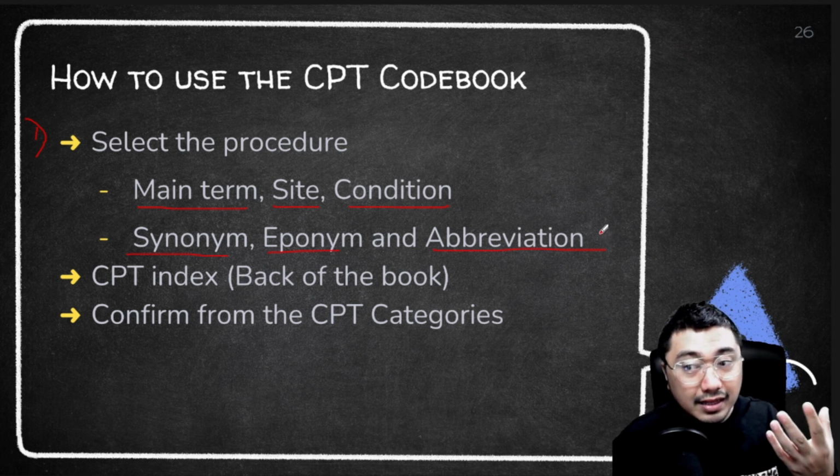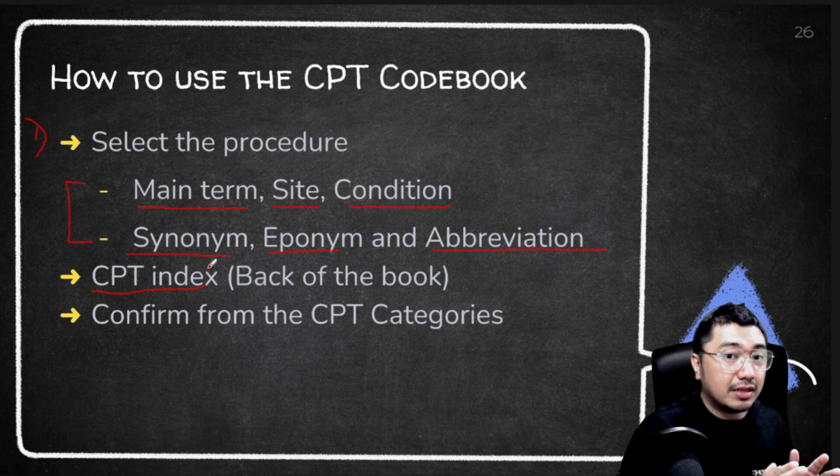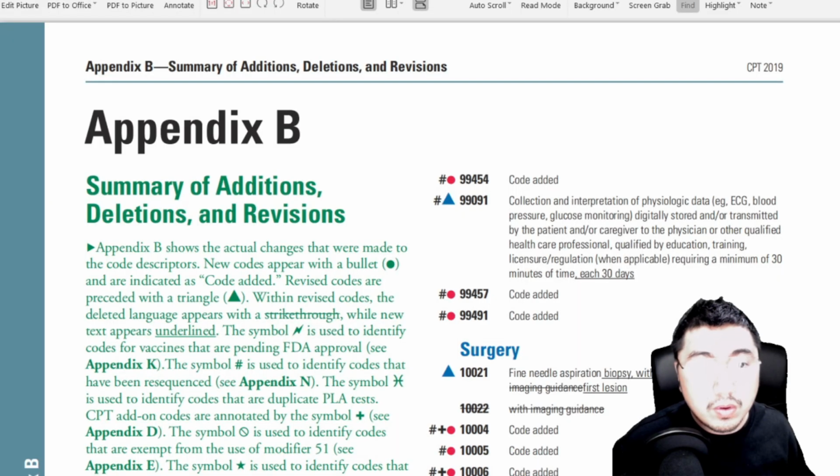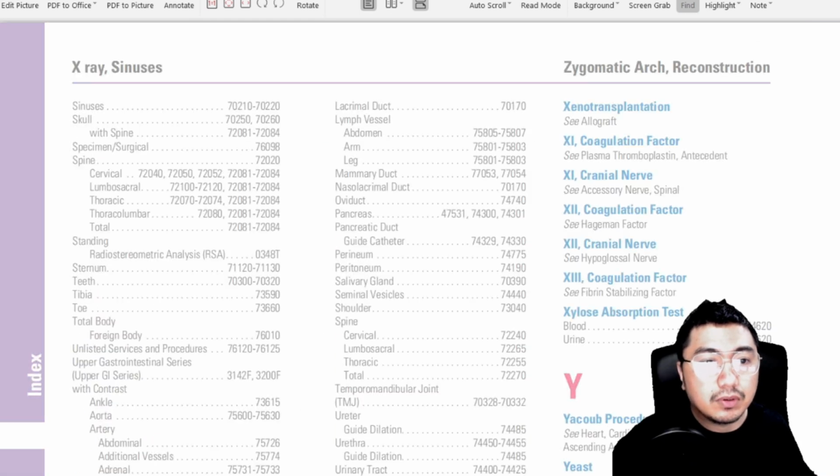Then locate that specific main term inside your CPT index. It's the same as your alphabetic index. What you want to do is go to the back portion of your CPT book.